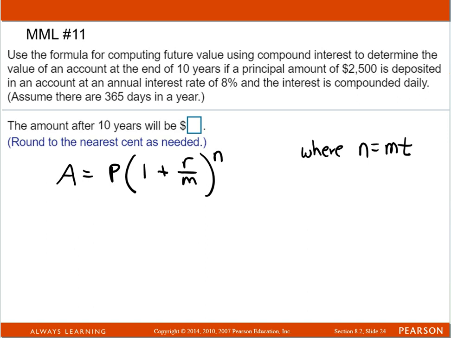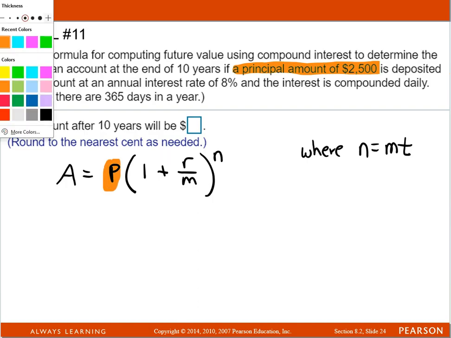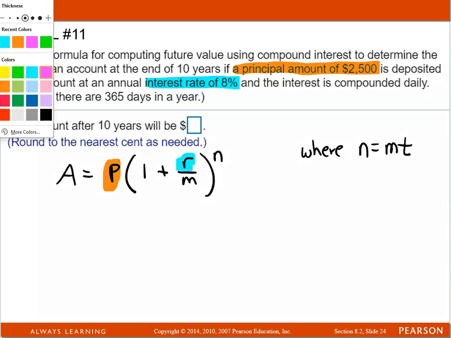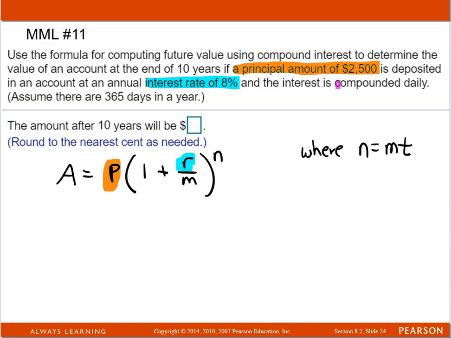Okay. We have a principal amount of $2,500. That will be P. And little r is your interest rate. There it is, 8%. And then it is compounded daily. That's your m, and daily would be 365.